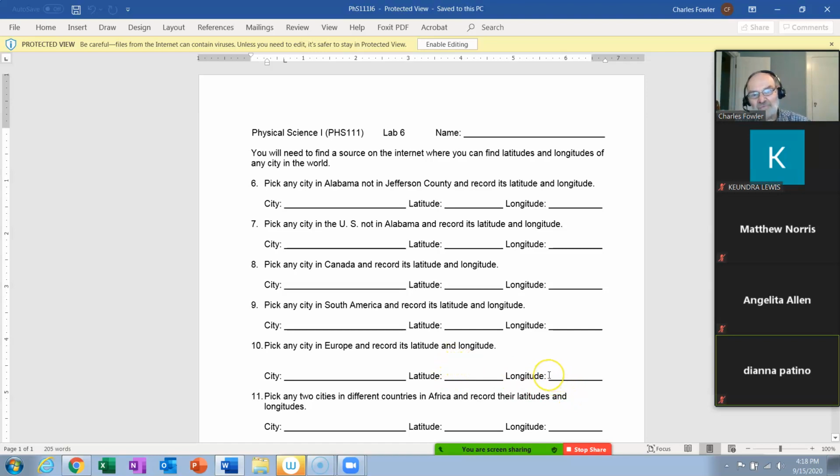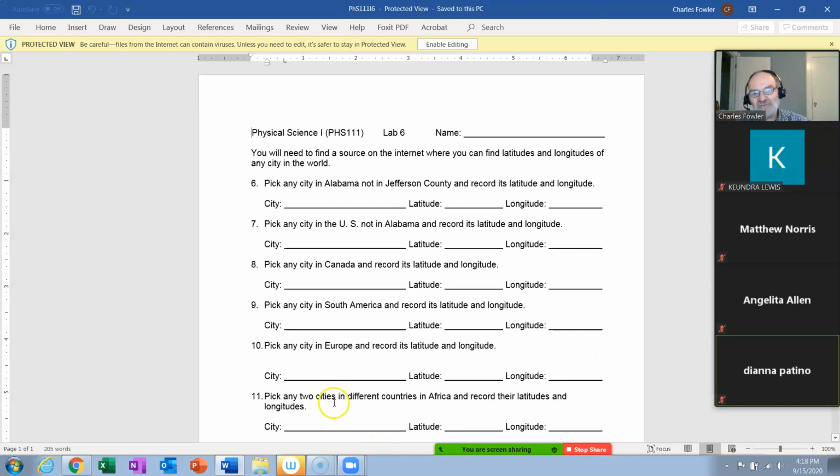Longitudes, a few of these will be on the west, most of these will be in the east, okay? Just depends on which city you get. They will be pretty low numbers because they're fairly close to London, England. But you could get as high as maybe 40 or 50 degrees west. No, east.